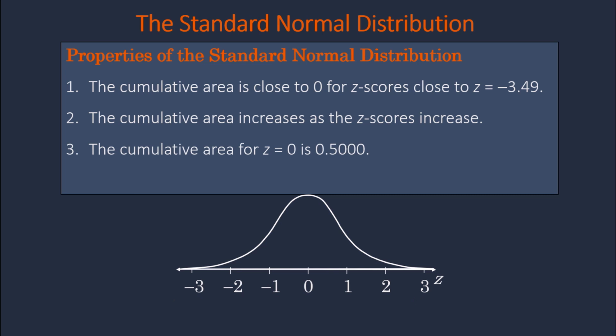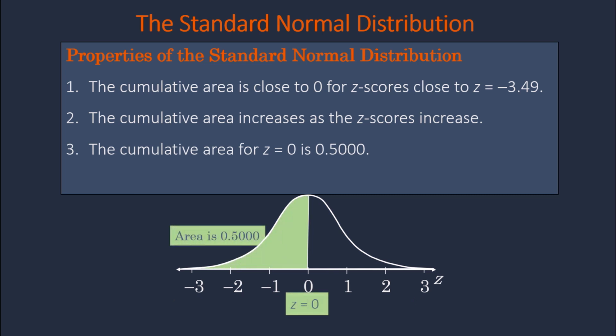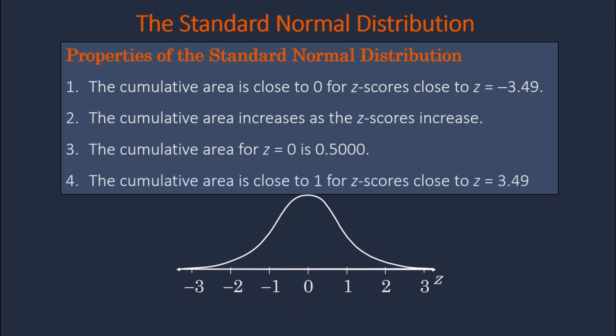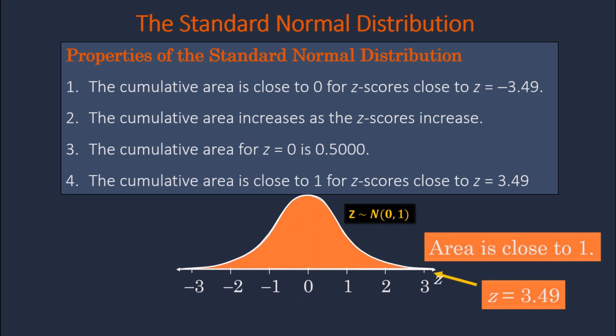The cumulative area for z equals 0 is 0.5. In a symmetric distribution, the mean, mode, and the median must be the same. Therefore, these three components of the standard normal distribution are 0. The cumulative area is close to 1 for z-scores close to 3.49.